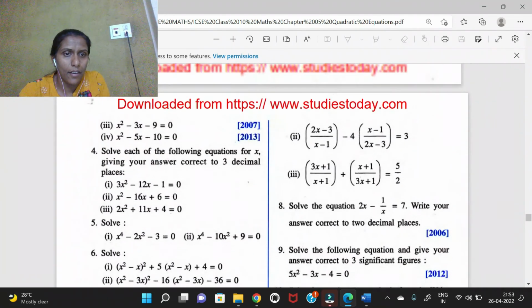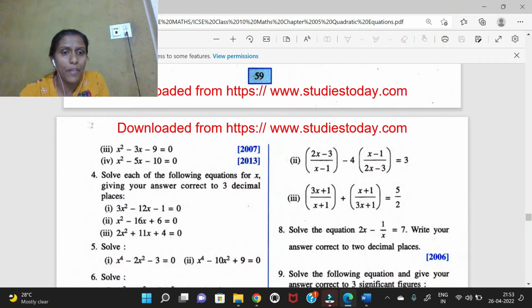If we observe the fourth question, it is telling us to solve each of the following equations for x, giving your answer correct to 3 decimal places. So we did 1 decimal place, it was quite easy, we just finished.